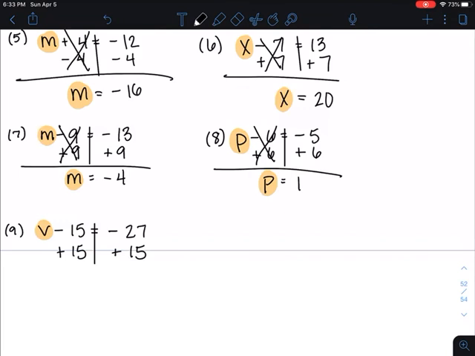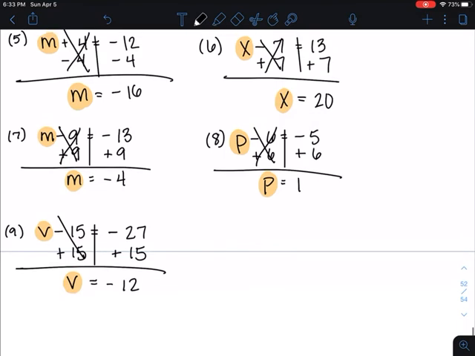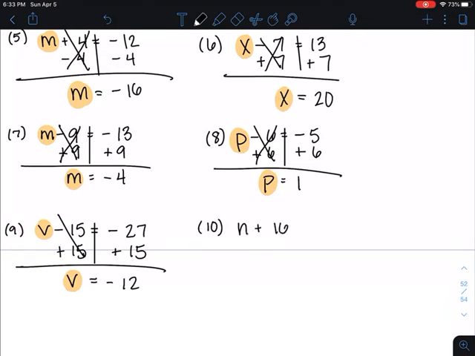So the opposite of subtracting 15 is adding 15 to both sides of the equal sign. Negative 15 plus 15 is 0. We have v equals, and negative 27 plus 15 is negative 12. V is by itself, therefore the problem is finished.